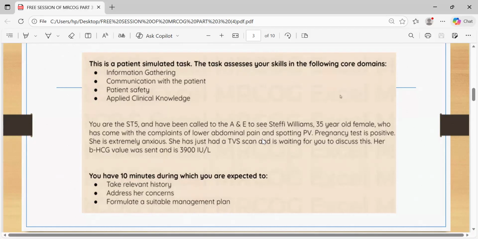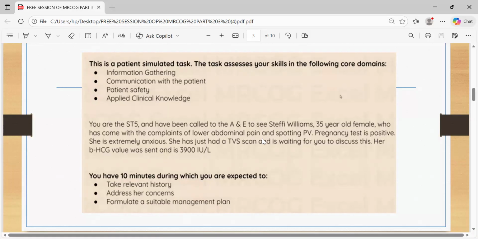Now, the information given is that the pregnancy test is positive. She is extremely anxious. Note it down, because when the patient has any diagnosis or concerns, we have to satisfy her and deal with her very patiently.